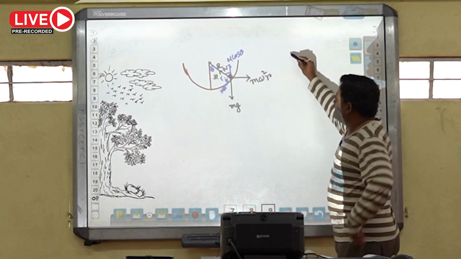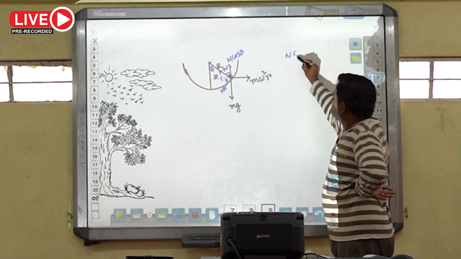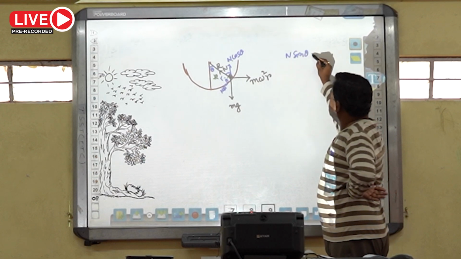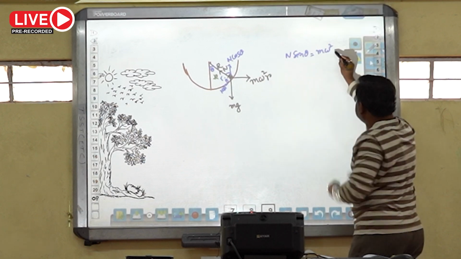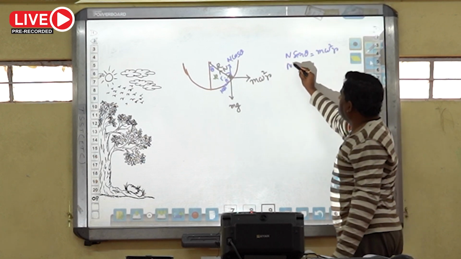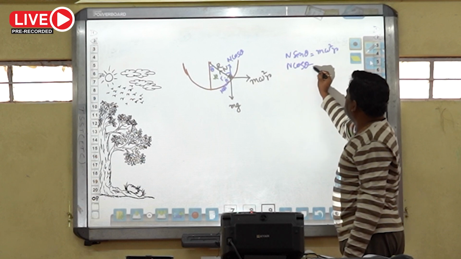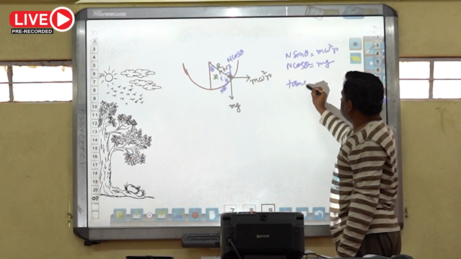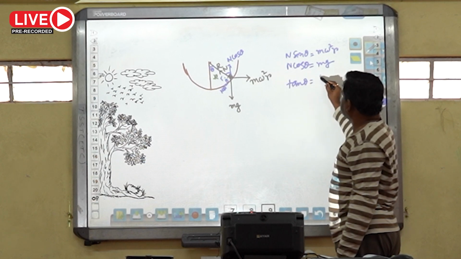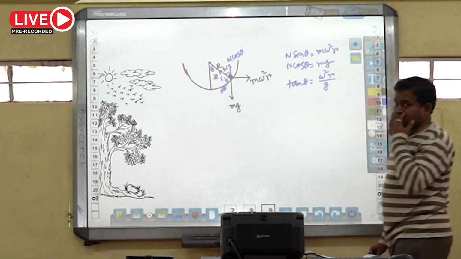So I can write n sin theta equal to m omega square r and n cos theta equal to mg. Then divide these two, you will get tan theta equal to omega square r by g.